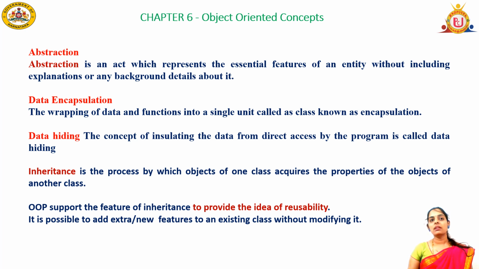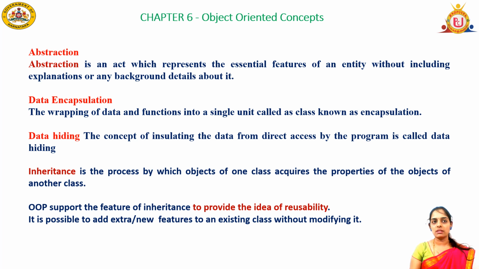For example, when we are making a call, it only concatenates the number and displays it on the screen, but we really don't know how it connects with the other numbers or devices. So only the necessary information will be displayed on the screen. How that connection is done is hidden.